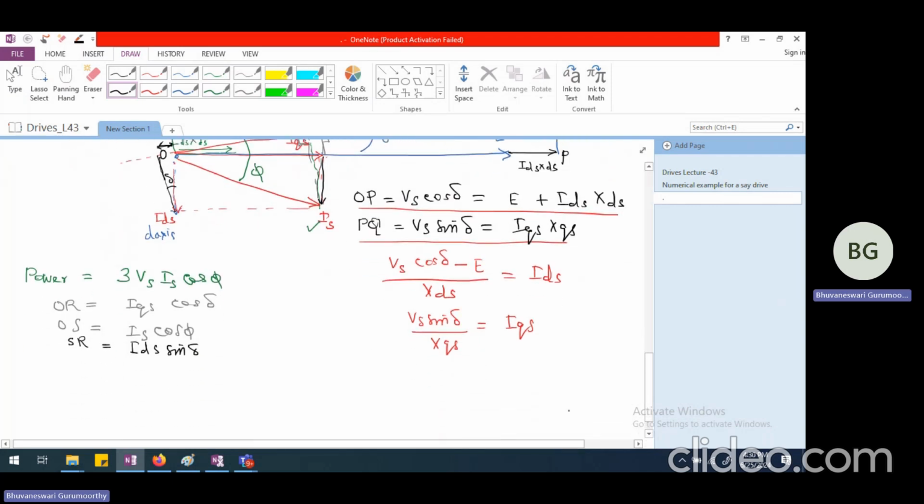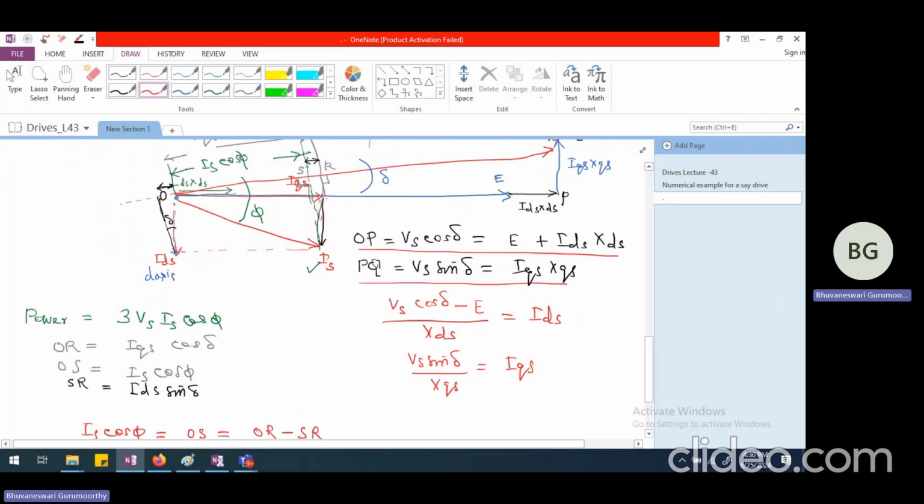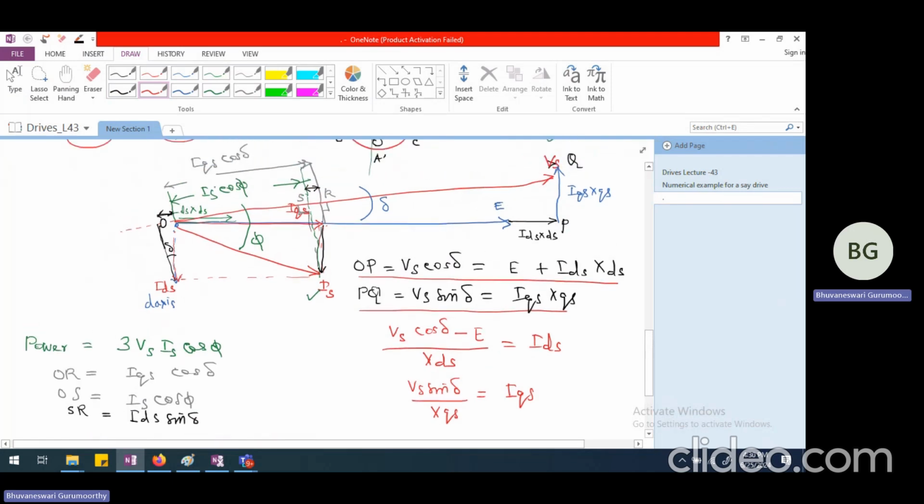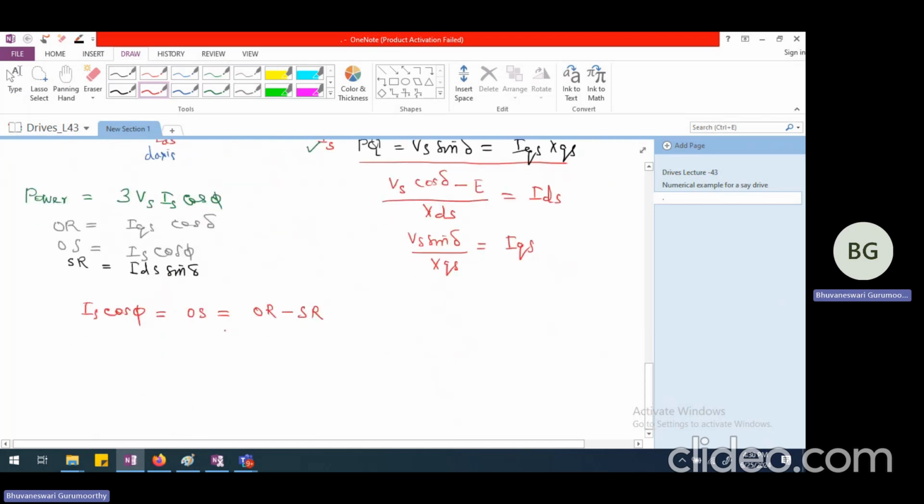So let me first of all write here Is cos phi, which is equal to OS, that will be equal to OR minus SR. You look at this diagram, this entire thing is OR, that is IQS cos delta, and SR is IDS sine delta. So I can write OS equal to IQS cos delta minus IDS sine delta.